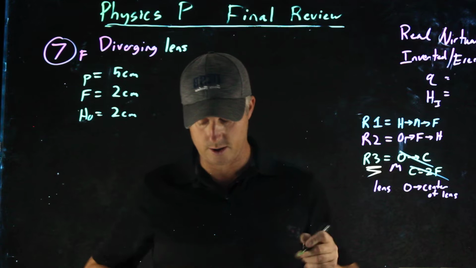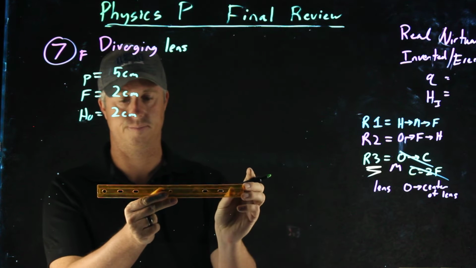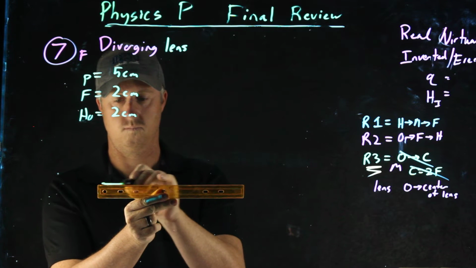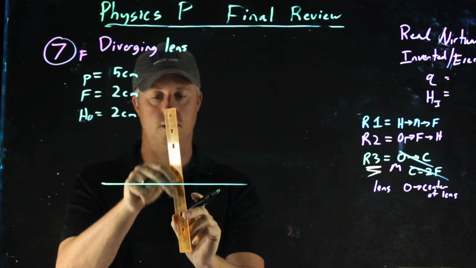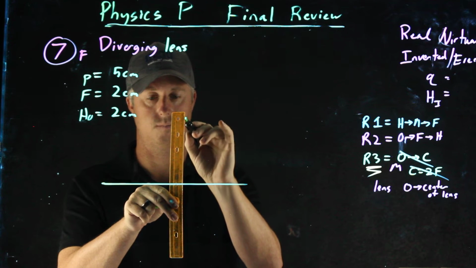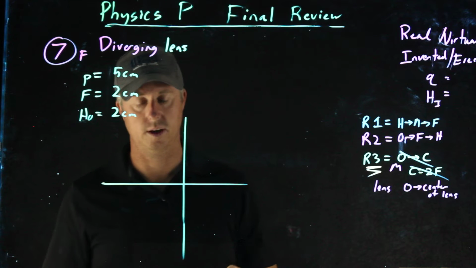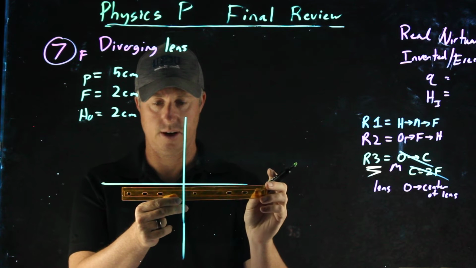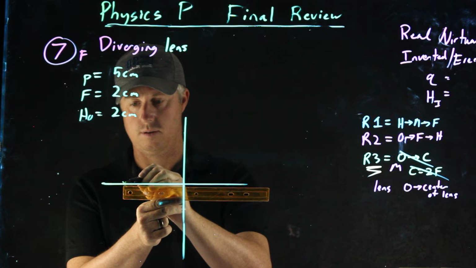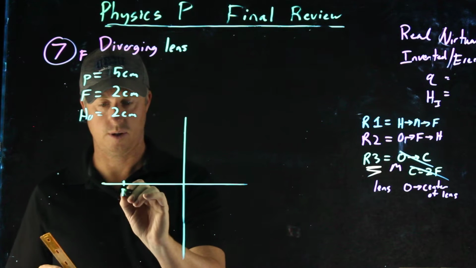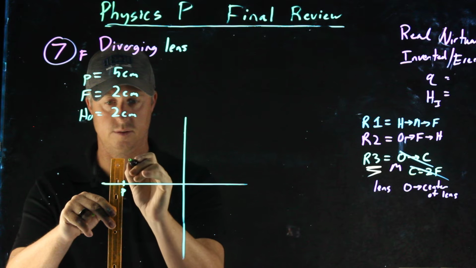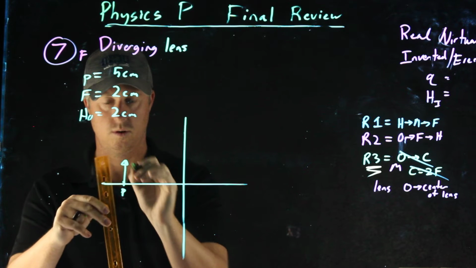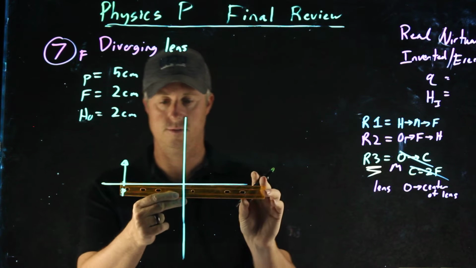So let's draw our horizontal. Let's draw a lens. Okay. Now let's draw my P. My P was 5 centimeters. So here's my P, which gives me an object that goes up 2. I have an F of 2.